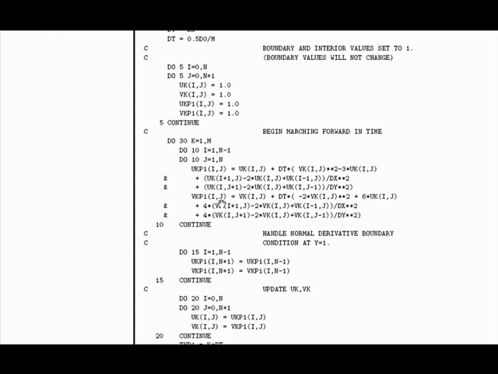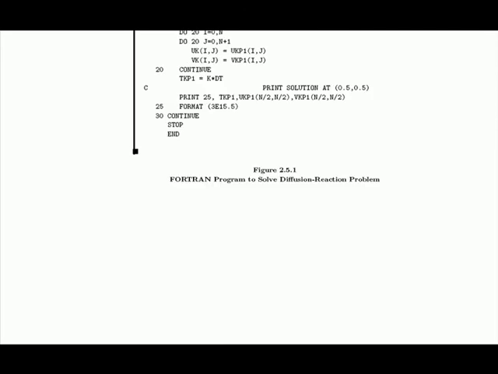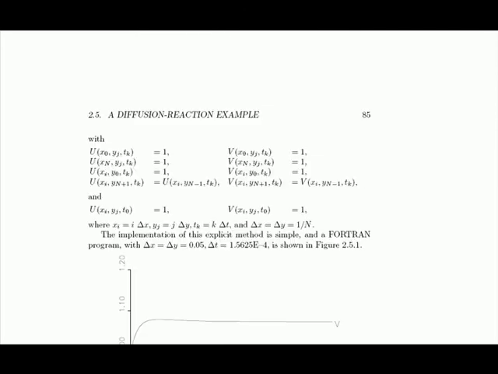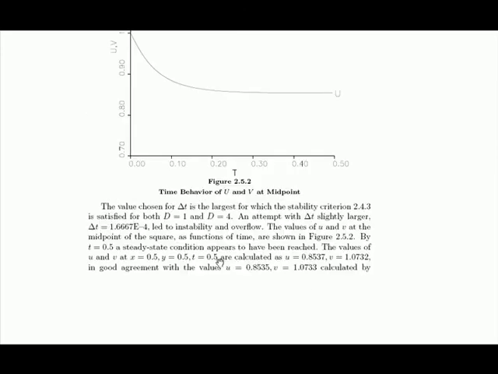It's explicit. All of this is at the kth time level. So that's the entire program. And the results are good, but you have to keep the time step small. If you don't, in fact, we tried it, if you make delta t slightly larger than the stability requirement, the method blows up.